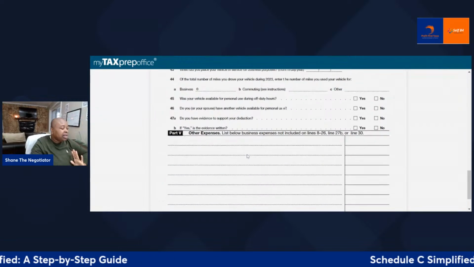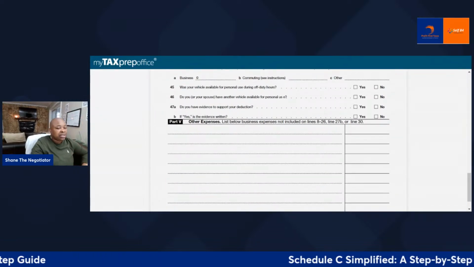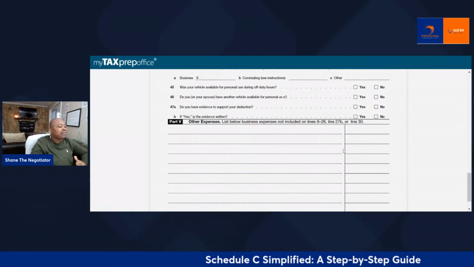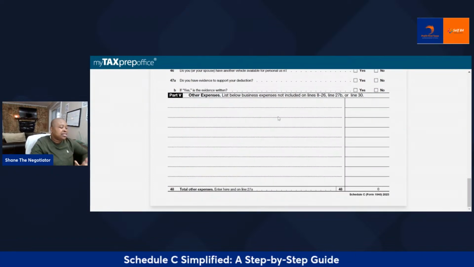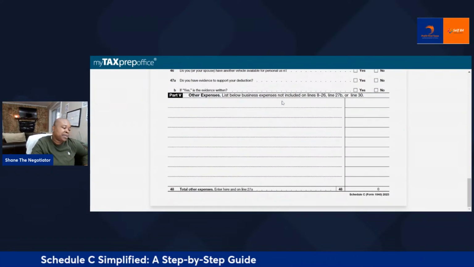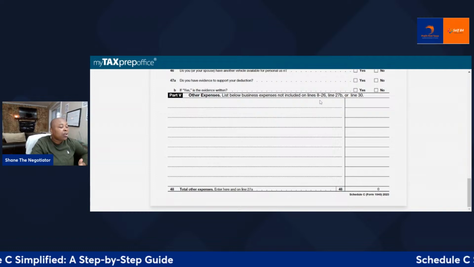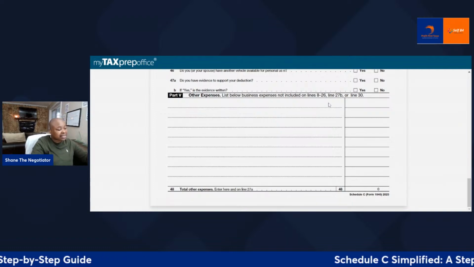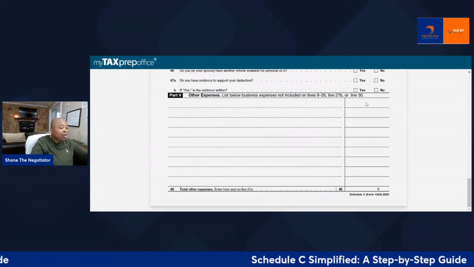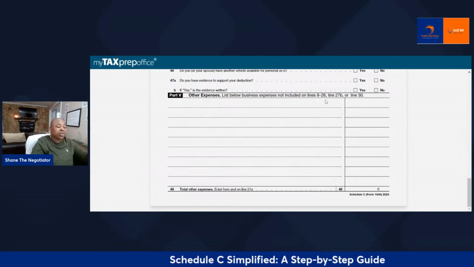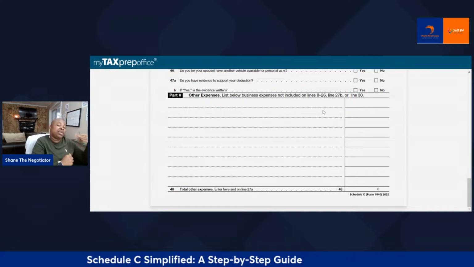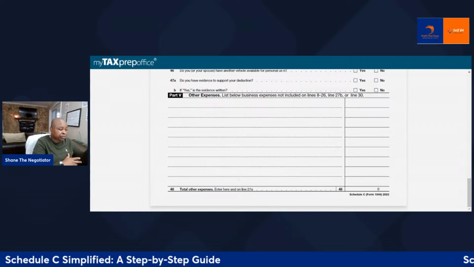Okay. So now let's go into the final area, part 5, other expenses. This is where you're going to list below business expenses that are not included on line 8 through 26, line 27B, or line 30. So 8 to 26 was all those expenses that we had talked about before in part 2.